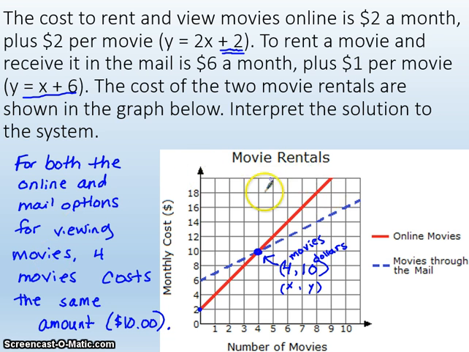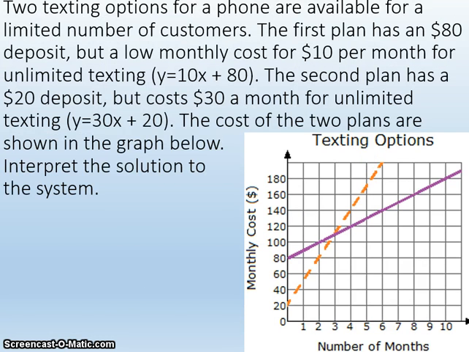Now, this is also interesting because now you can see that it would be cheaper if you plan to watch 5 movies to get movies from the mail. But if you plan to watch less than 4 movies, it would be cheaper to watch them online.